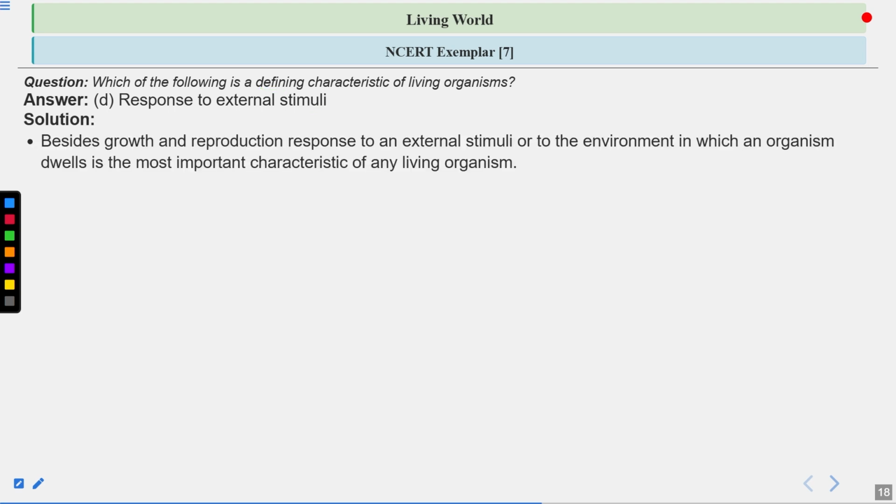Okay, let's have a look at the explanation now. So growth and reproduction, okay, they are the features of living organisms, but they are not the defining feature. Let's talk about the growth first. So even a non-living thing like a rock also grows. So what happens?